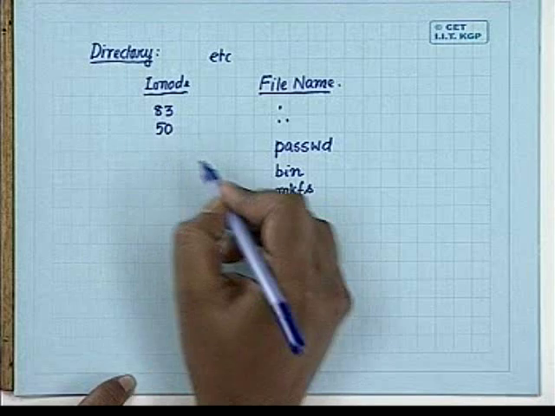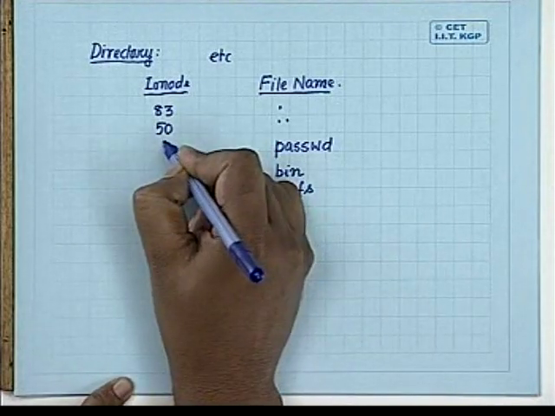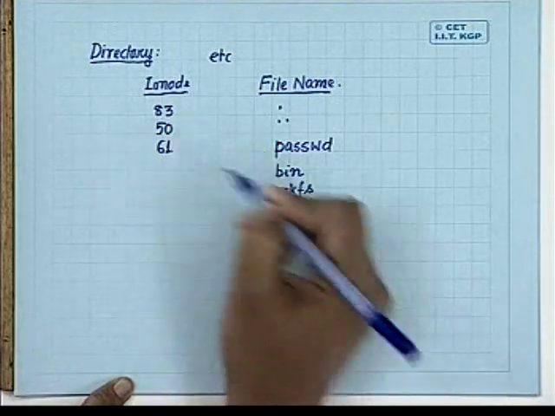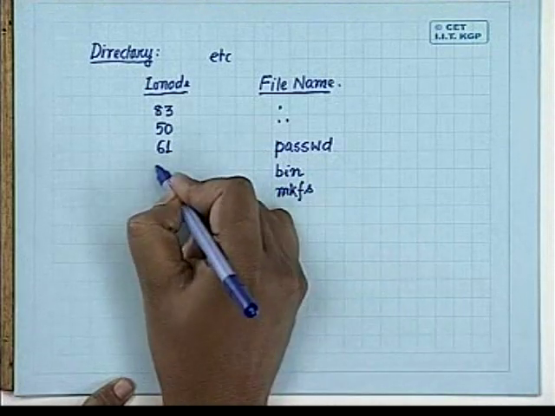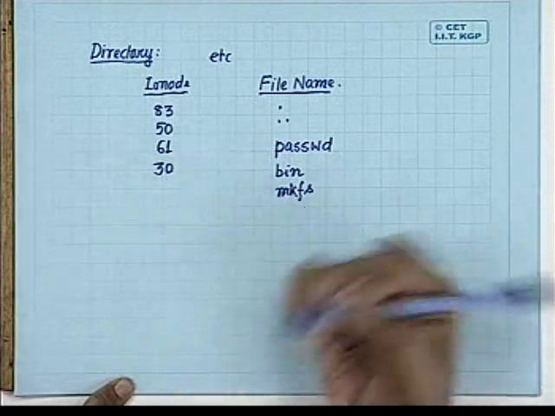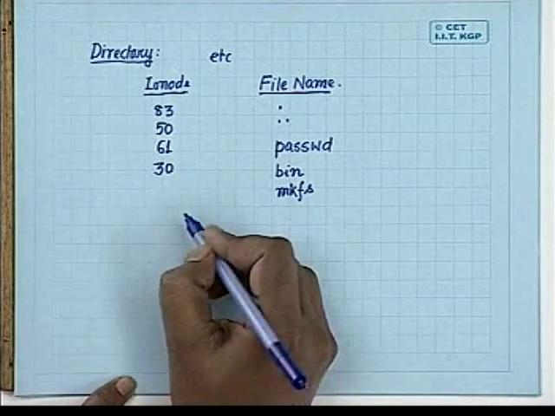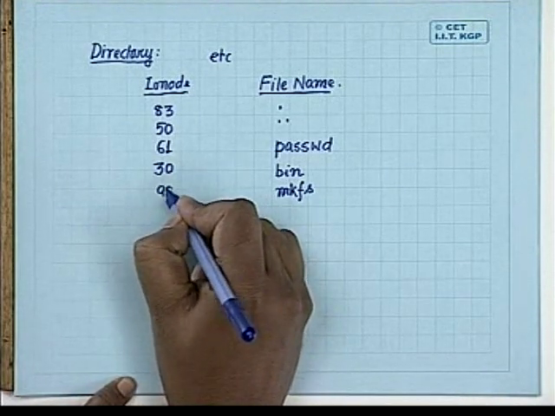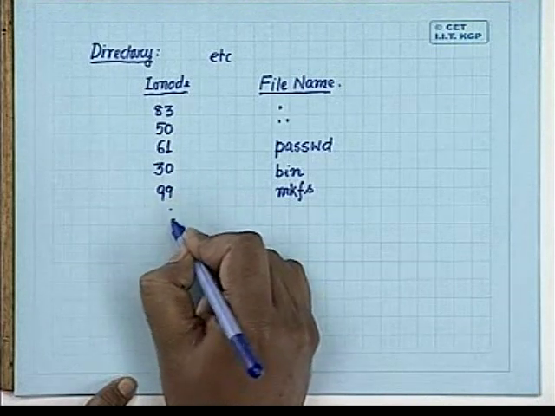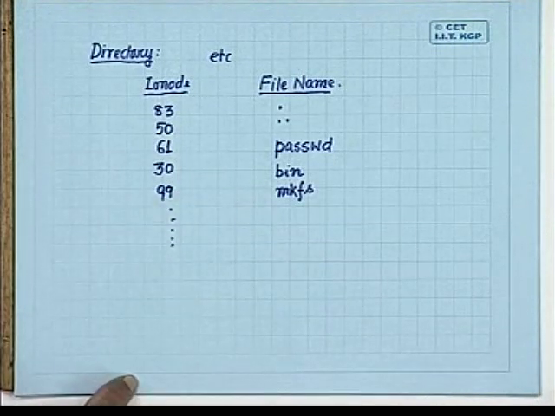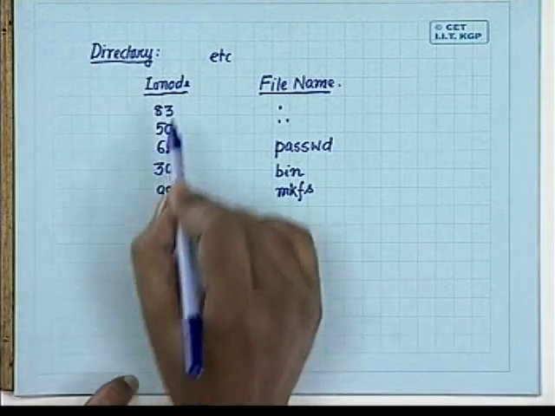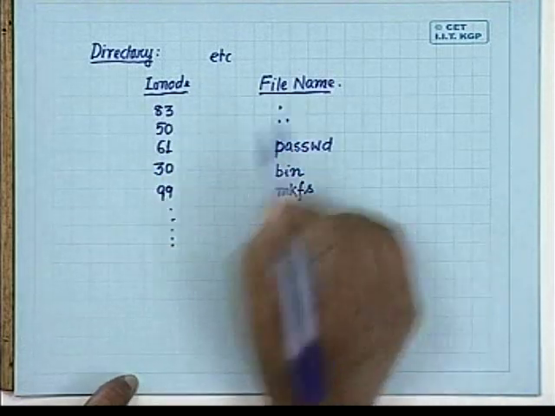For each of them, there will be a corresponding inode. Suppose password will have an inode number, say 61. This can have an inode number, say 30, anything as it is allocated. This make file system can have an inode number, say 99, and so on. So the content of a directory is just like this.